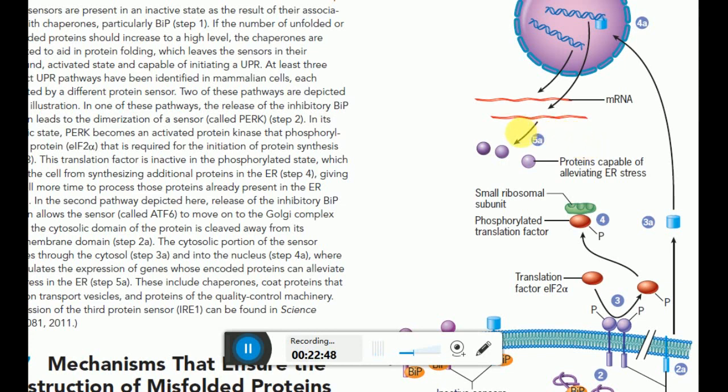As this protein has been transcribed at step 5A, you can see here the proteins are capable of elevating endoplasmic reticulum stress, and as the endoplasmic reticulum stress is elevated, we actually do not destroy the protein, because the whole process is very calorie wasting, an ATP using process. So to decide a proper fundamental process, the proper treatment should be given to the protein.